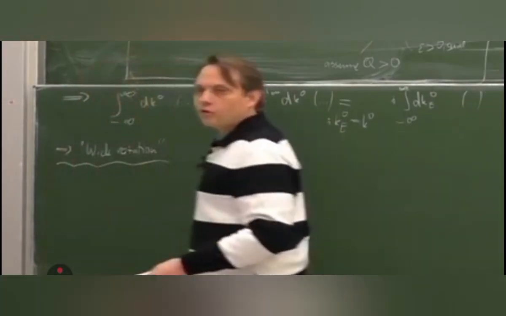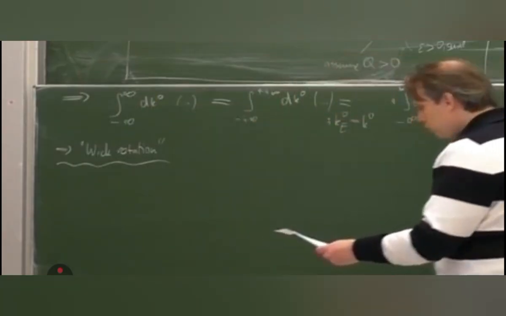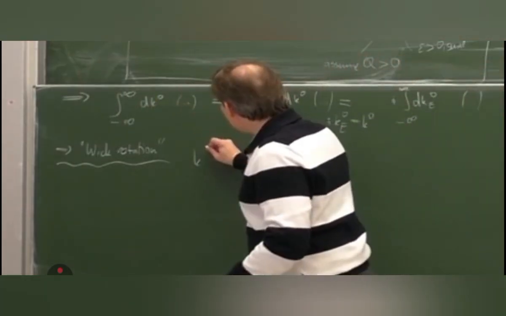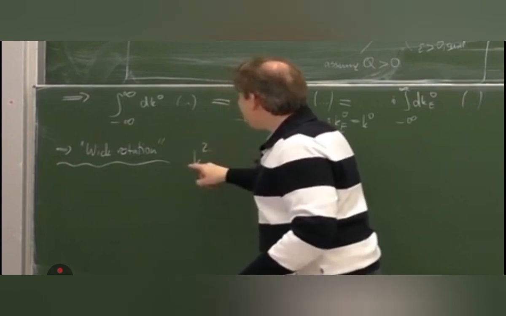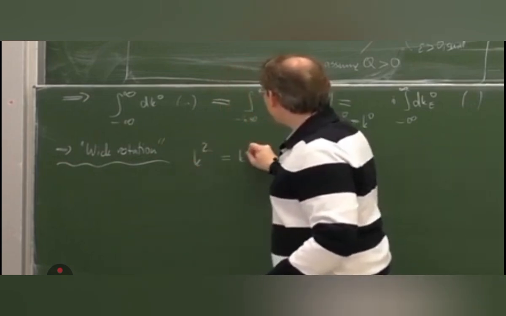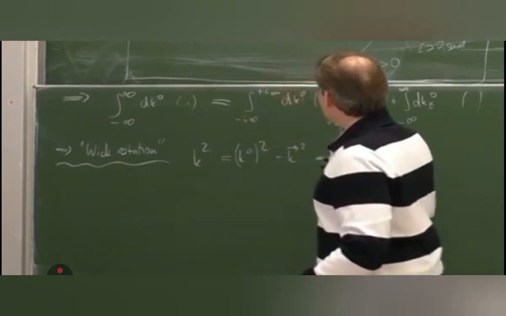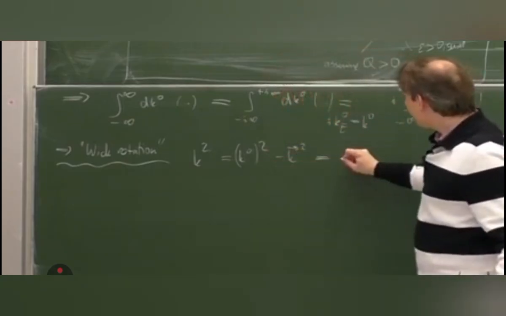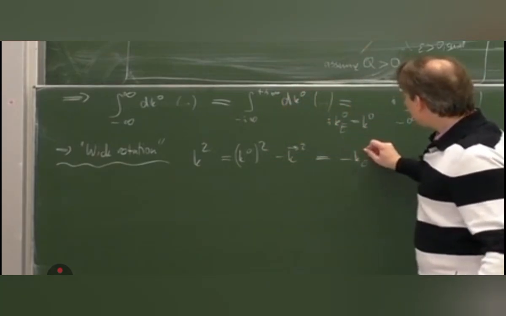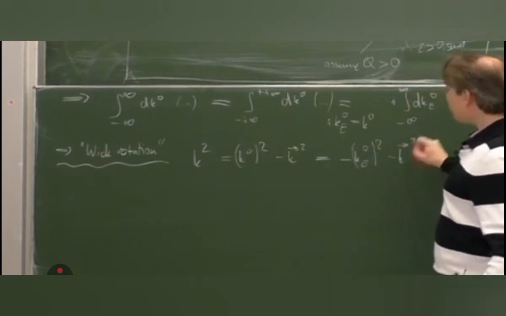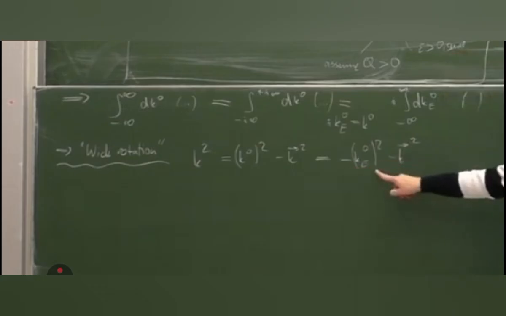And in total, it gives rise to the following relationship. So let's introduce a new symbol. Our original Minkowski k square is of course this k0 square minus k vector square. This is now the same as minus the Euclidean energy square minus k vector square. And so here we now have something completely negative.